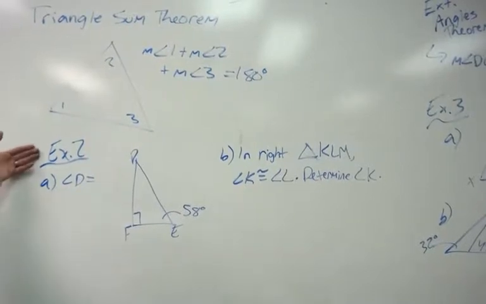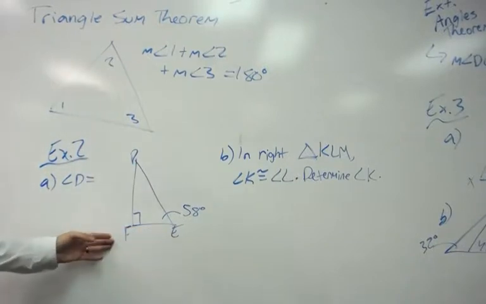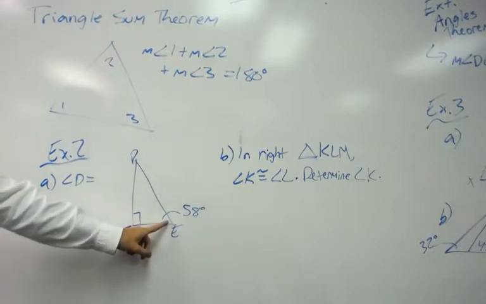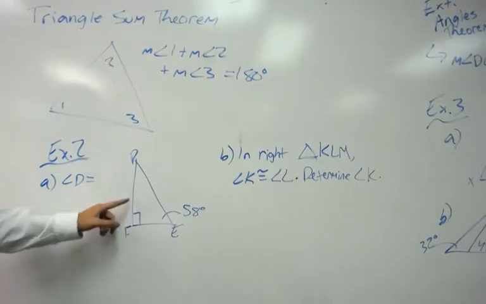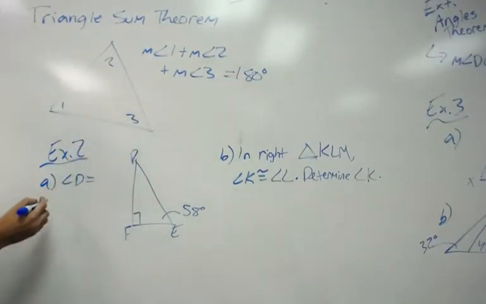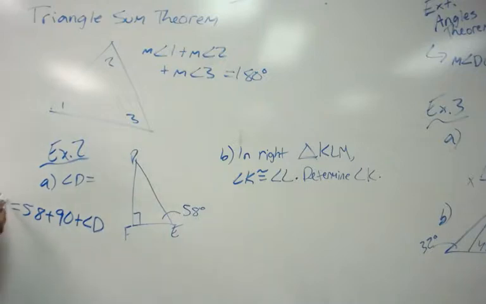So in example 2, you have triangle DEF, and it wants us to find angle D. It gives us E is 58, and D is a right angle, therefore it is 90 degrees. So what would angle D be? Well, we know that they are all adding up to be 180 degrees. So we could say 58 plus 90 plus angle D equals 180, and then you would solve.